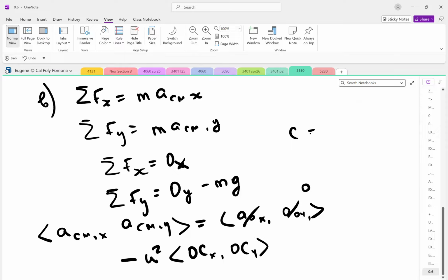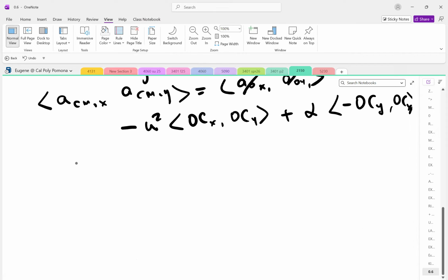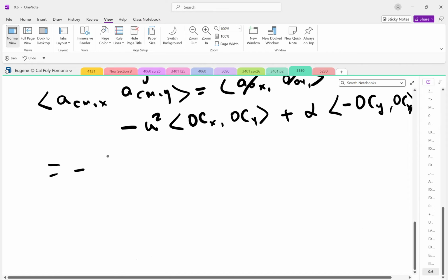Let's write down C is the center. And plus alpha times minus OCY, OCX. The omega is 4.